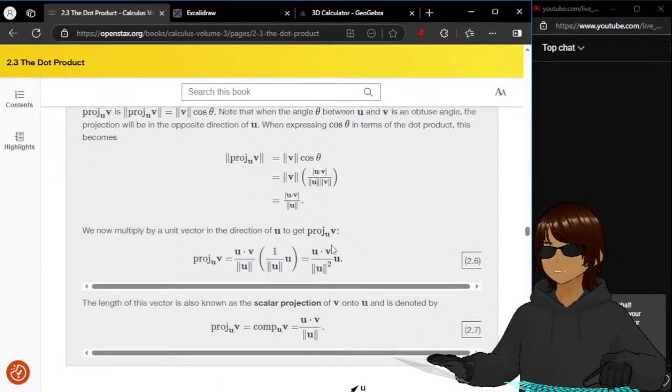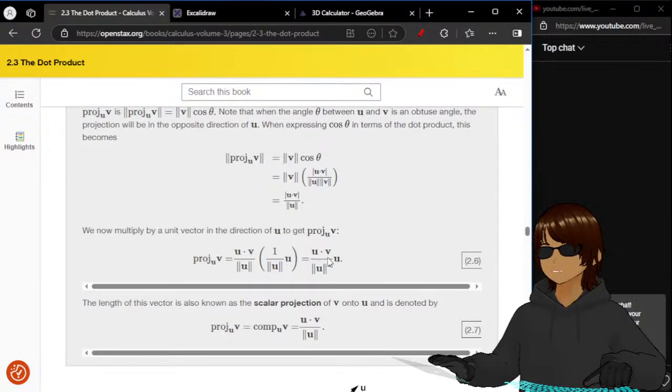Yeah, I think I understand. The length of this vector is also known as the scalar projection of V onto U and is denoted by this. What's the difference between these two?